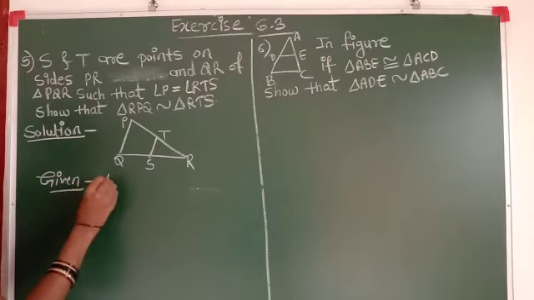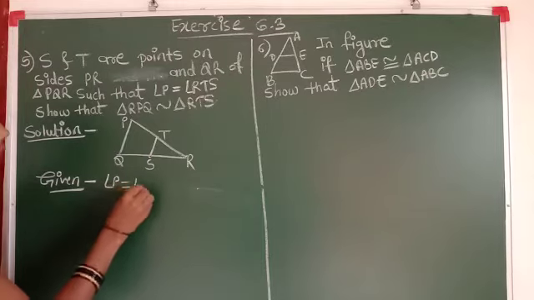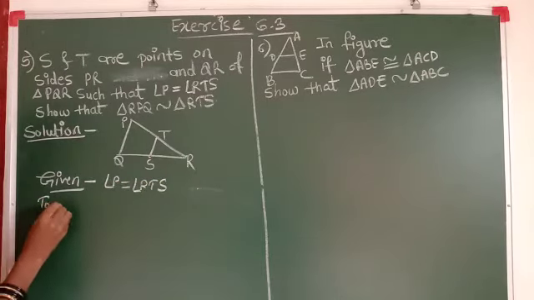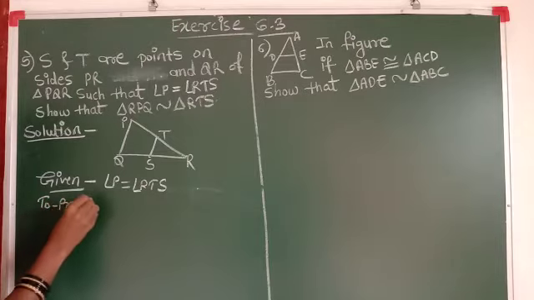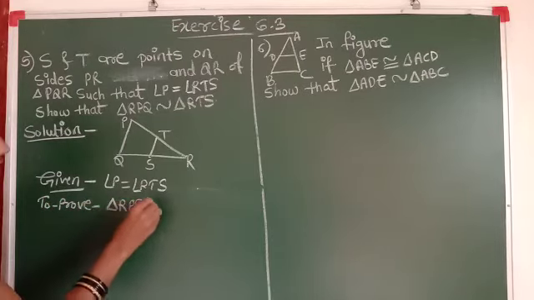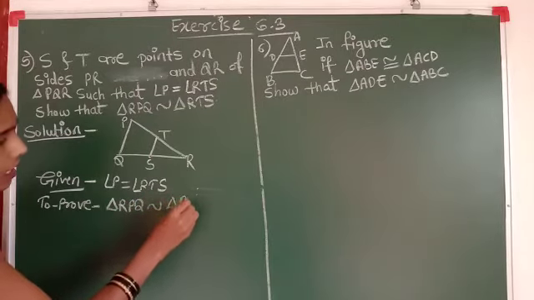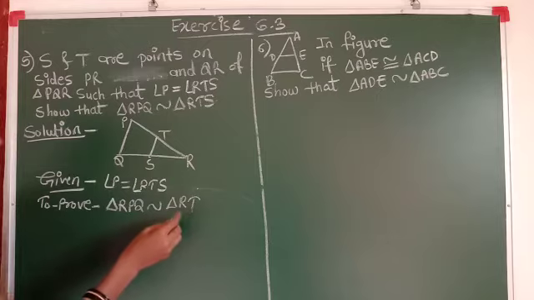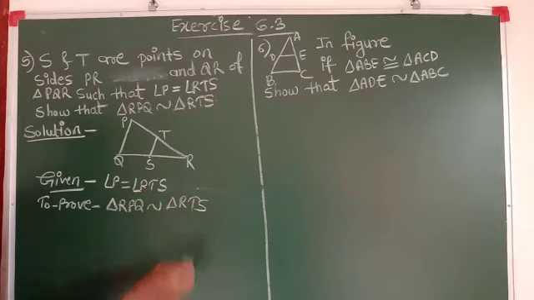Already given that angle P is equal to angle RTS. To prove, what we have to prove here? To prove triangle RPQ similar to triangle RTS. We need to prove this.